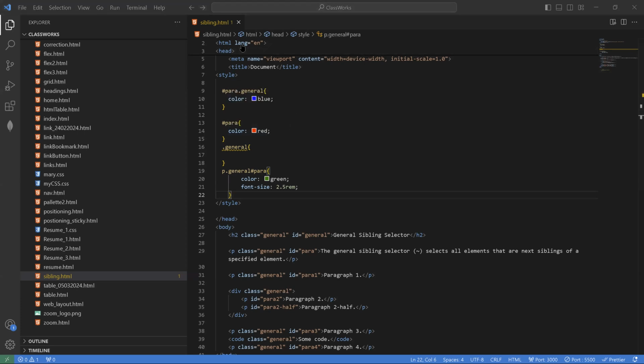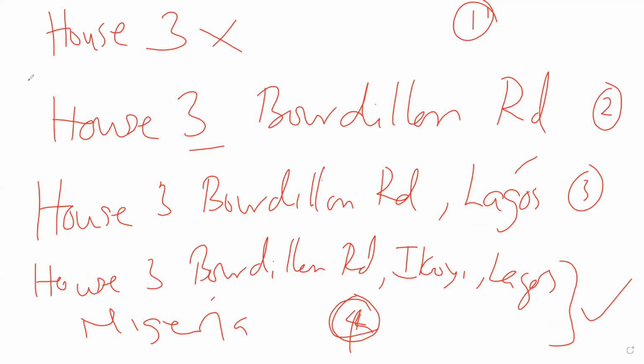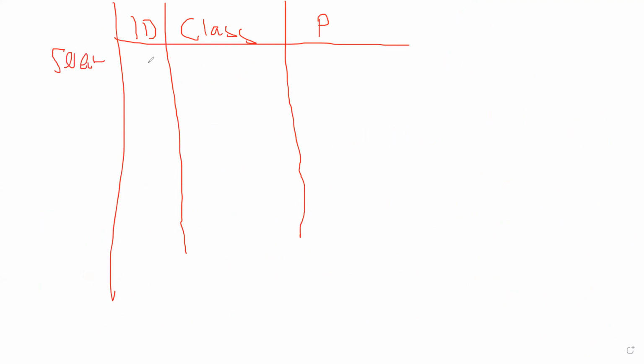A school of thought says that an ID, a class, and the elements, if you want to write any selector: if there's an ID, this will be 1.